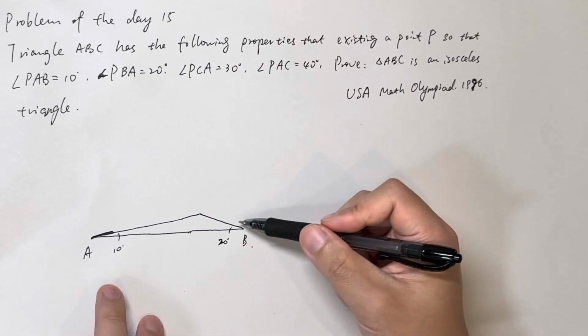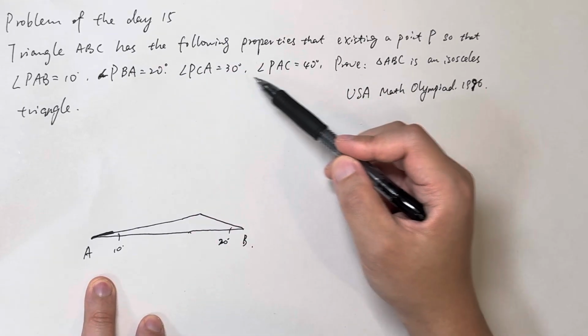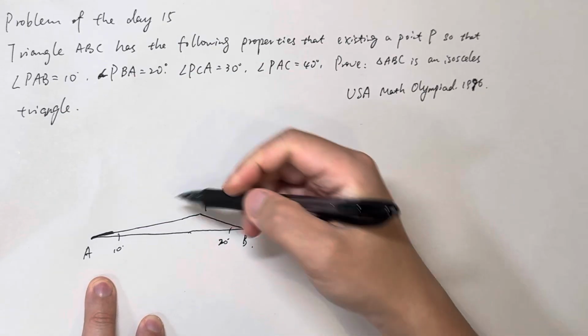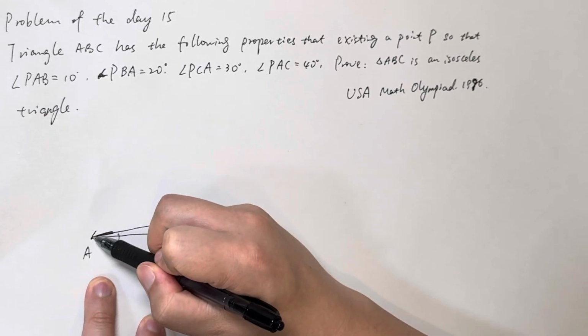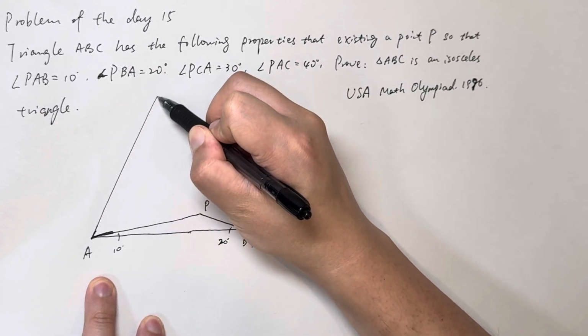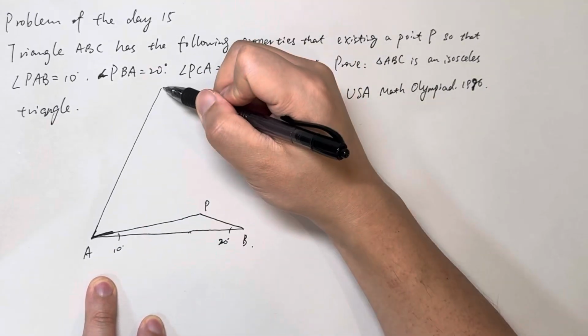Okay. And angle PCA equals to 30 degrees. Angle PAC equals to 40 degrees. So here is P. We know that angle PAC is 40 degrees. And we know that angle PCA is 30 degrees.